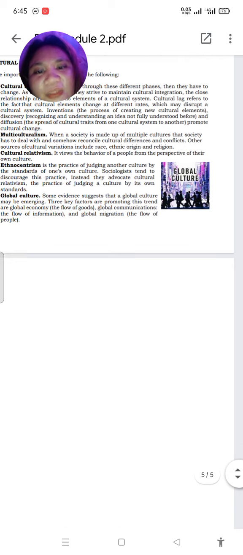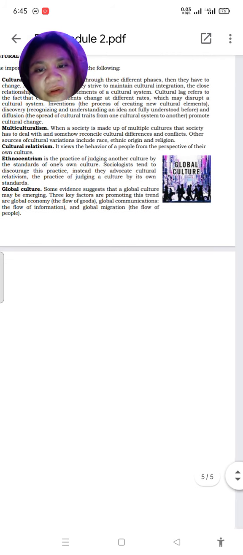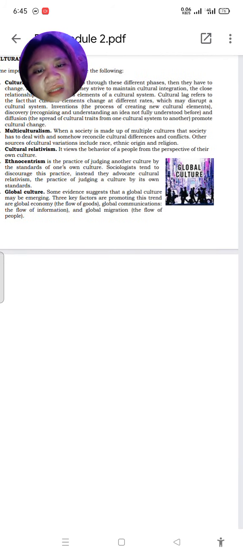Ethnocentrism is the practice of judging another culture by the standards of one's own culture. Sociologists tend to discourage this practice. Instead, they advocate cultural relativism, the practice of judging a culture by its own standards.